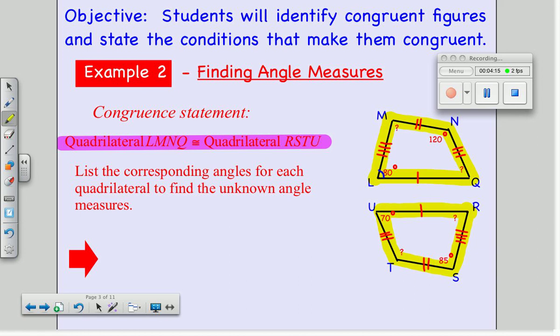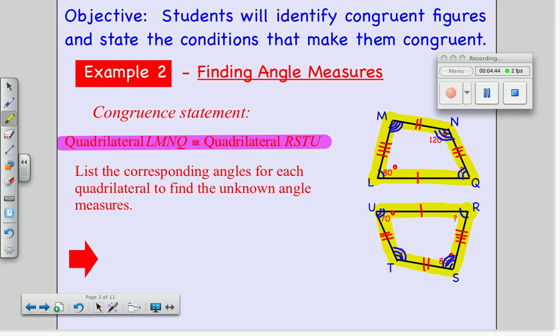It's R. Well then Q is the other one here. And then N is here. 1, 2, 3. That means N is here. 1, 2, 3. M, 1, 2, 3, 4. Then M is here. Those are the corresponding angles.